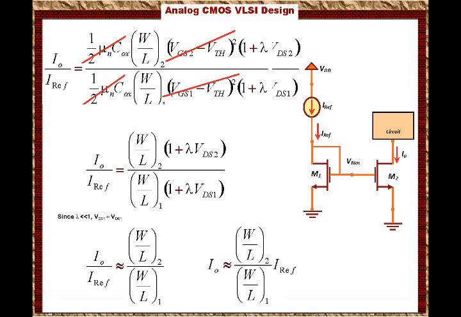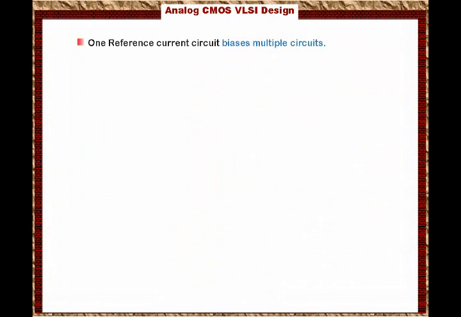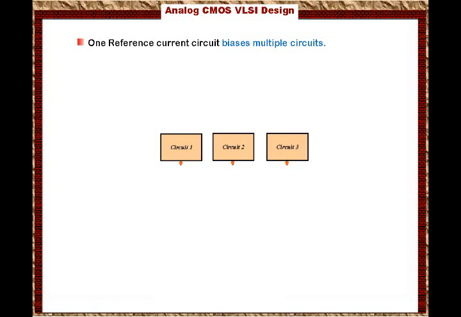But why are we using this circuit to implement the biasing? The reason is one current circuit biases multiple circuits. For example, let's say that we have circuit 1, circuit 2, circuit 3 as shown here, where each circuit will have a biasing current I1, I2, and I3.